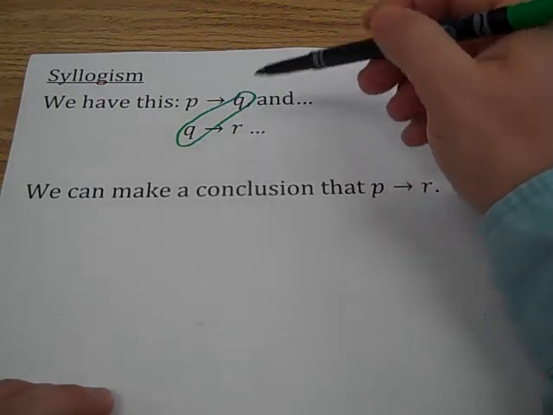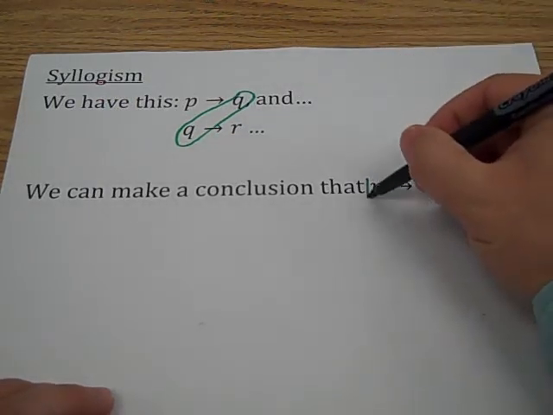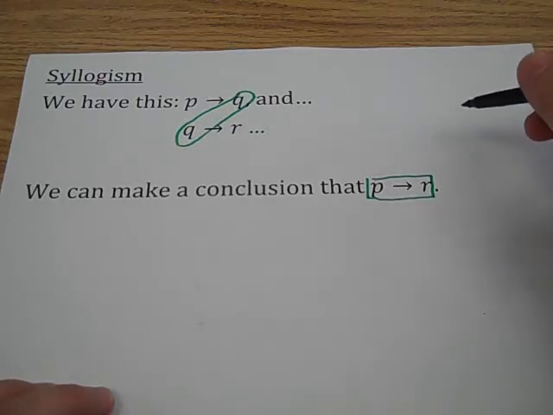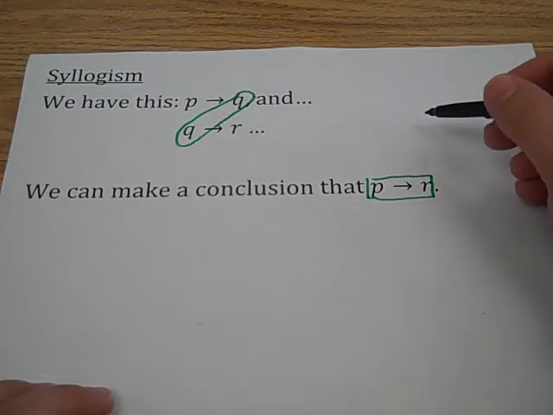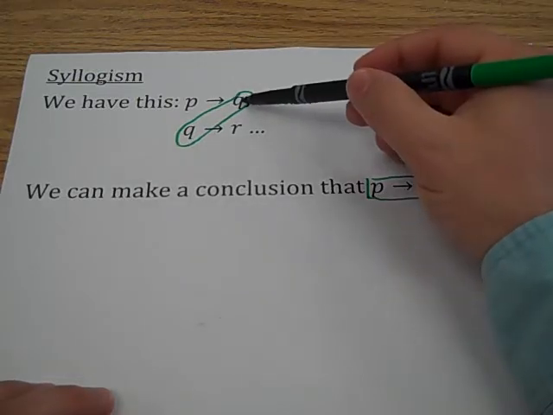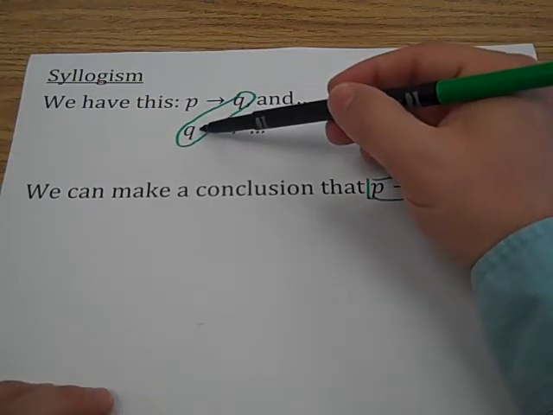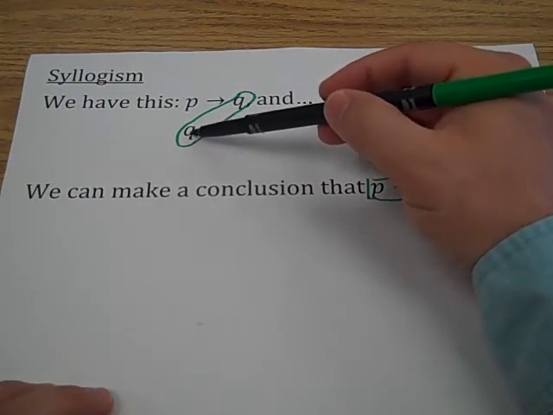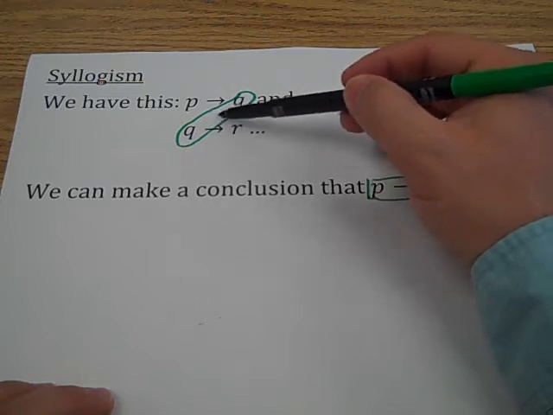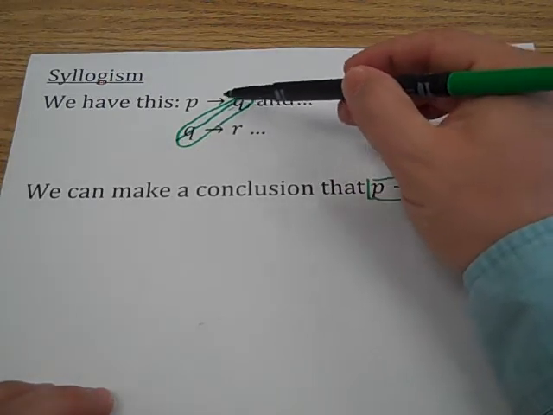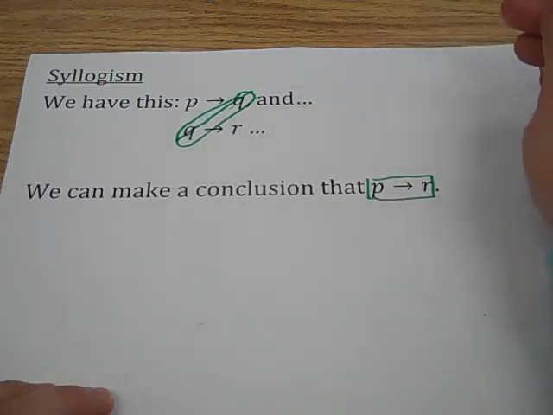If we have a situation like this, we can conclude a third conditional is true: if P, then R. So again, in our first conditional the conclusion is Q, and in our second conditional the hypothesis is Q, so the same idea, then we can eliminate Q and just put if P, then R.